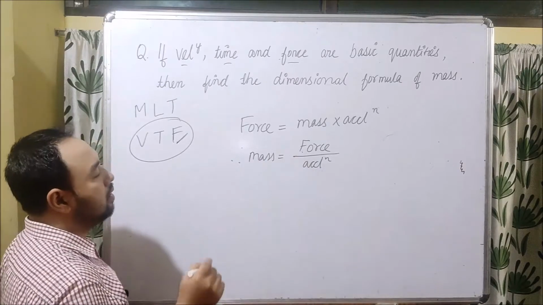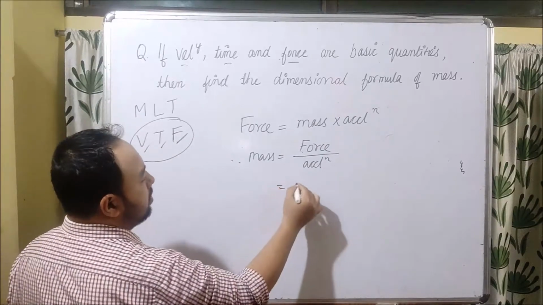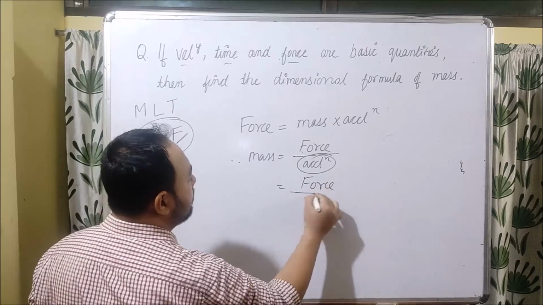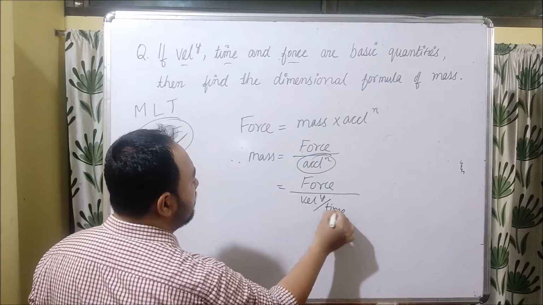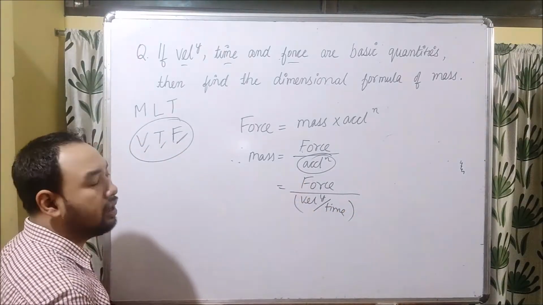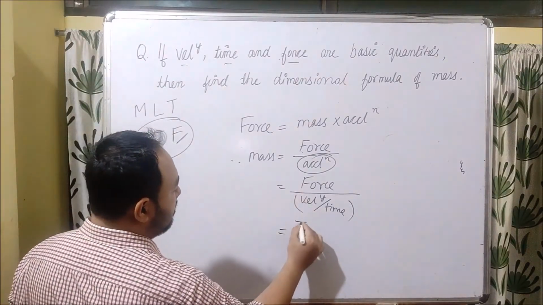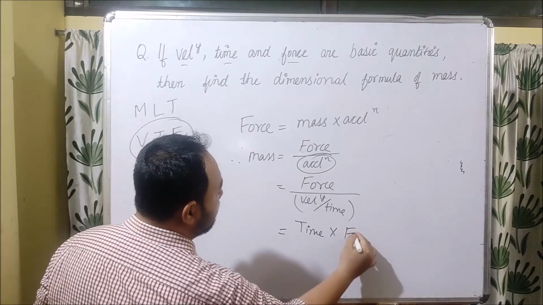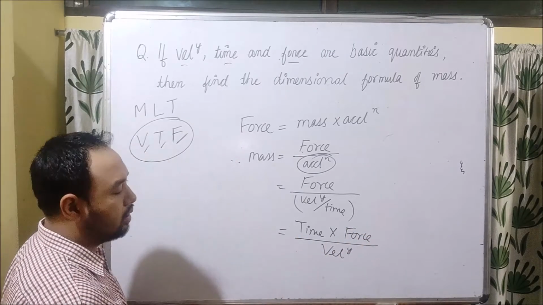Okay, so here we have already got this basic quantity force. Now we have to find the other two basic quantities, which are velocity and time, which we'll get from this acceleration. So force by velocity upon time. This is the formula for acceleration, because acceleration is what? It is the rate of change of velocity. So this will be of the form time into force by velocity.